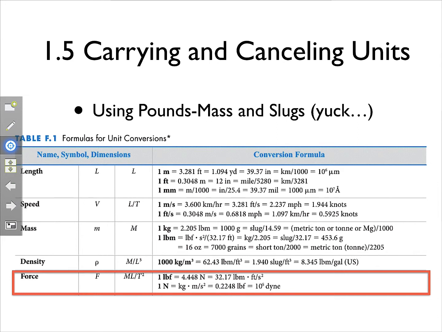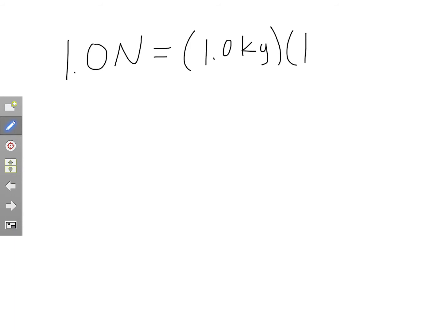And I wanted to make a point here that the book does, that there are some definitions here. 1 newton is going to equal 1 kilogram times 1 meter per second squared. So that's a definition, actually.